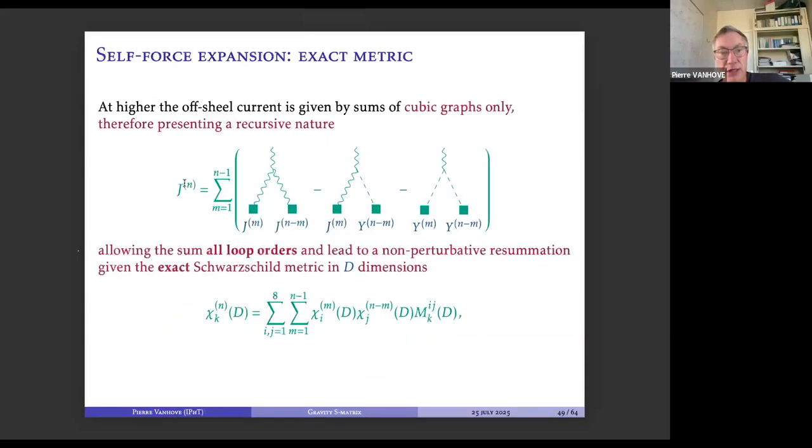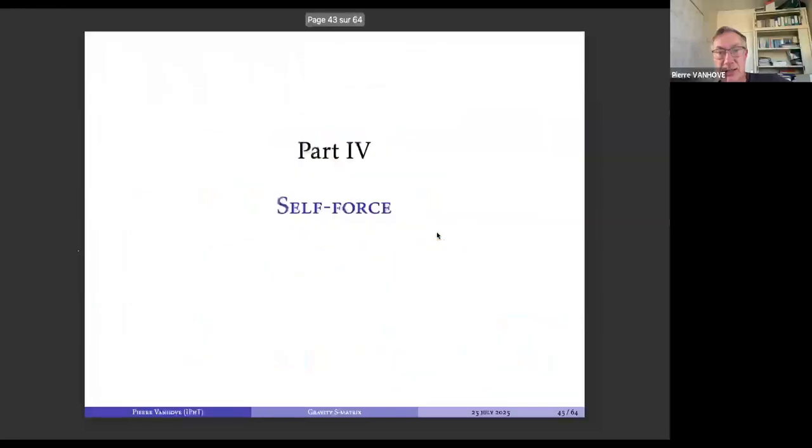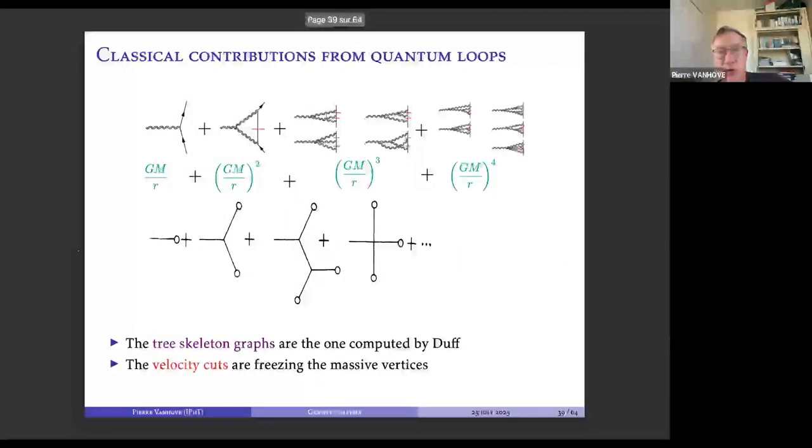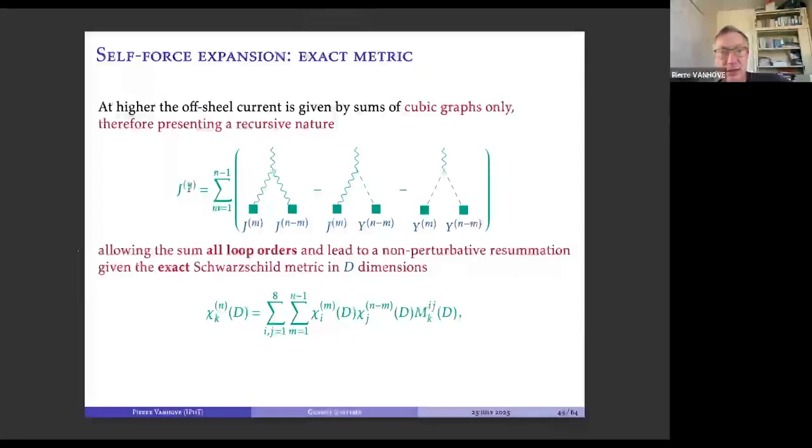And even to tell you that at order n, where n is the number of loops, you see I had a lot of graphs. Here there is a way to write that at arbitrary order n, because everything is purely cubic, I am building it from the previous orders, so n minus m with only cubic interaction.